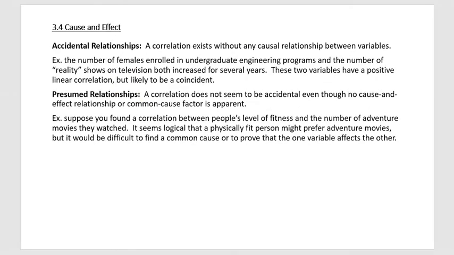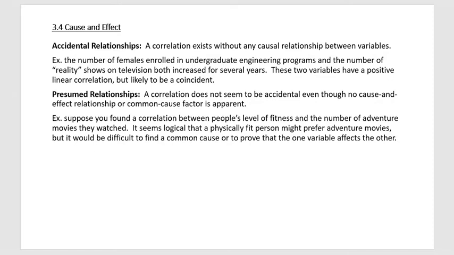Two more for the explanations. So it could be an accidental relationship. This is when a correlation exists without any causal relationship between the variables. Here's an example. The number of females enrolled in an undergraduate engineering program and the number of reality television shows on TV.